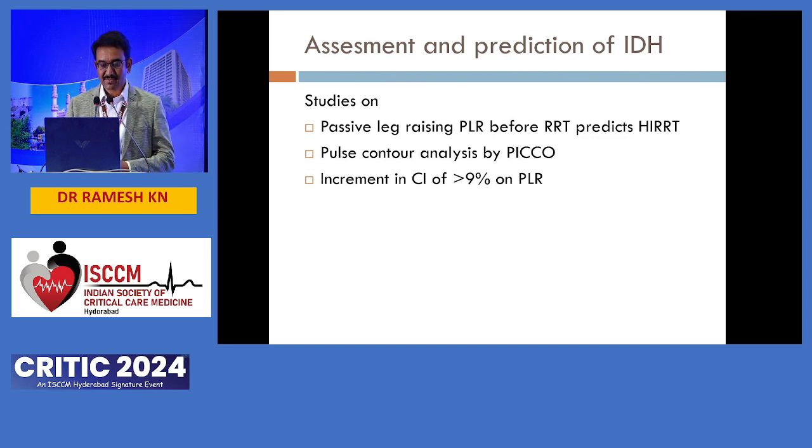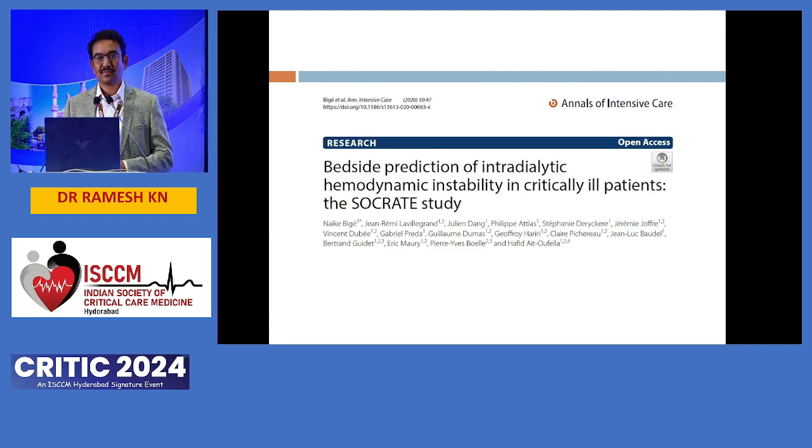If the patient in ICU has invasive monitoring like pulse wave contour analysis, an increment in cardiac index of more than 9% with PLR also predicts that. There is a scoring system called the Socrates score.